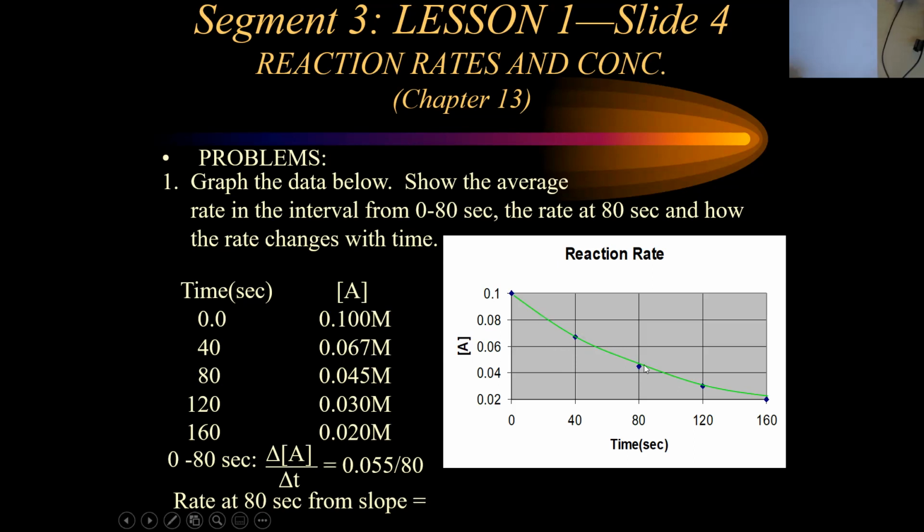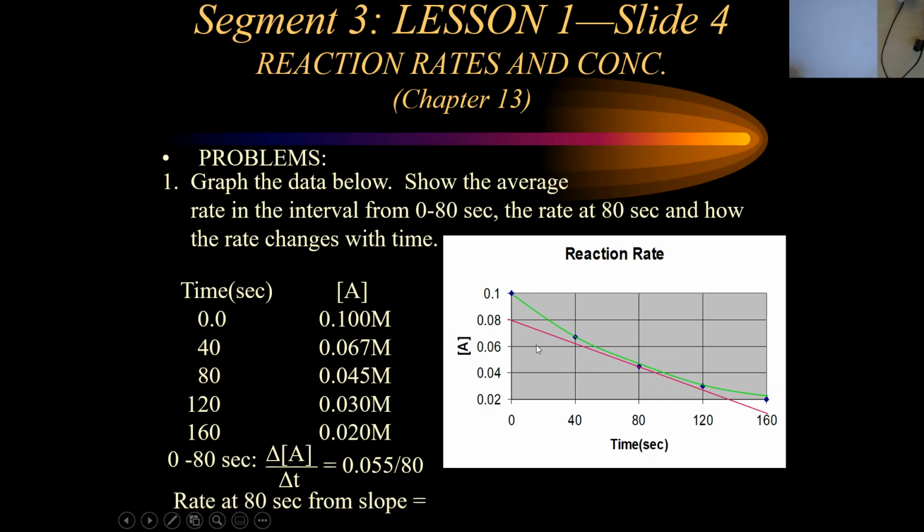But if I really wanted the rate at 80 seconds, then what I need to do is take my best fit line shown in green here, and I want to go into 80 seconds and draw a tangent. And the tangent is this line, and this curve have only one point in common. That's the tangent point.